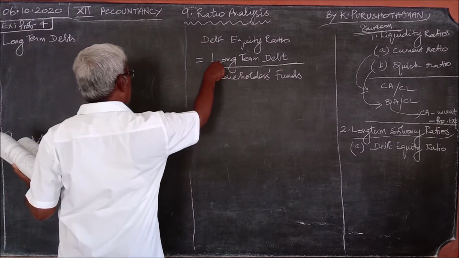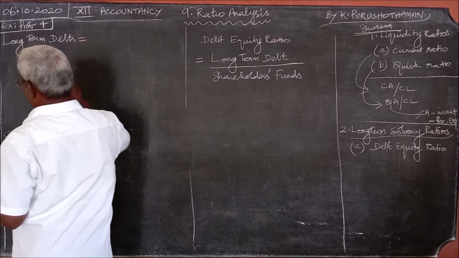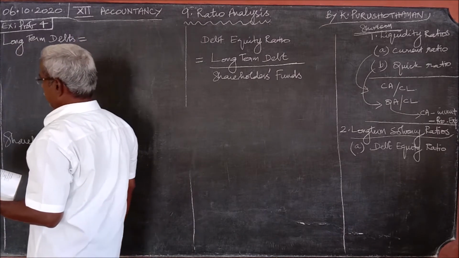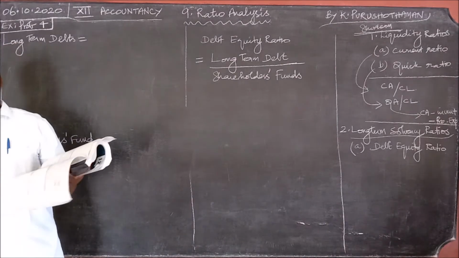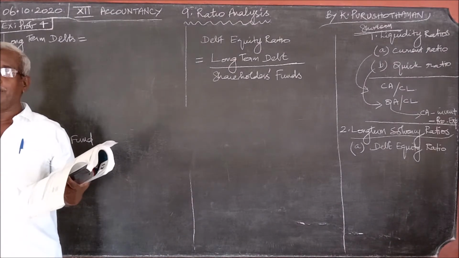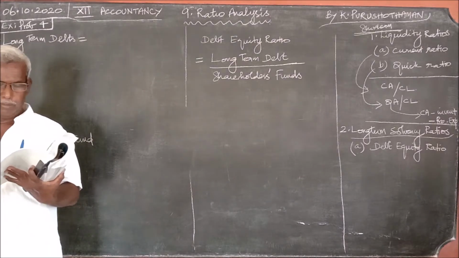To find the value of the numerator, long-term debts equal to what I said: debenture, bonds, long-term borrowings, long-term loan. These are the 4 items. Out of these 4 items, what is given here in the problem?